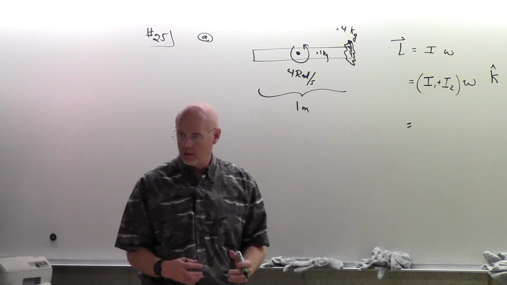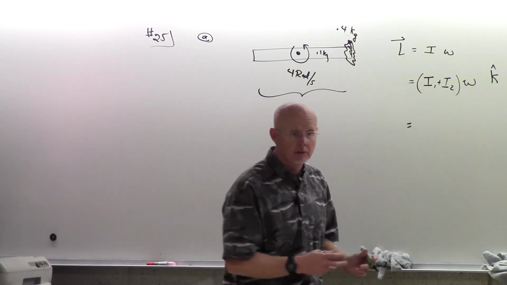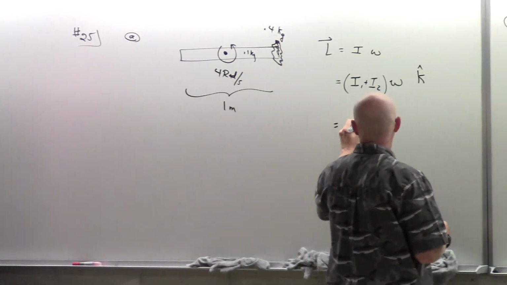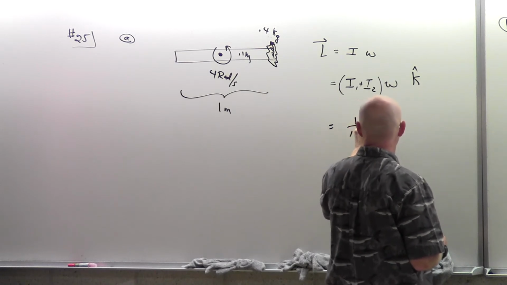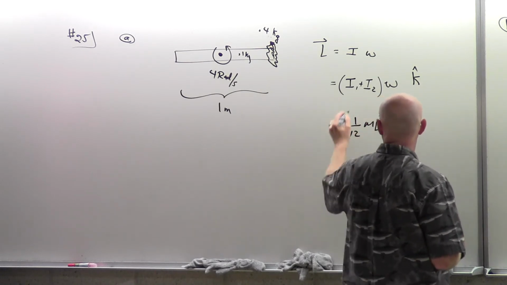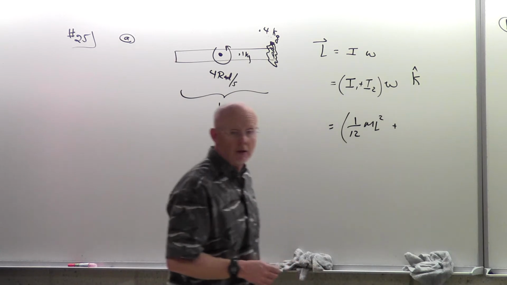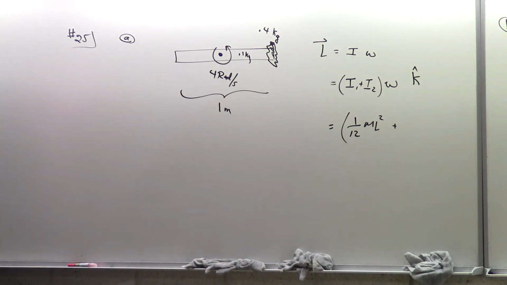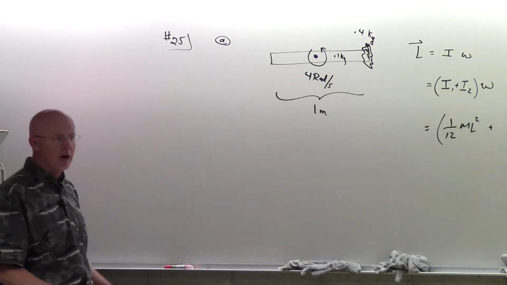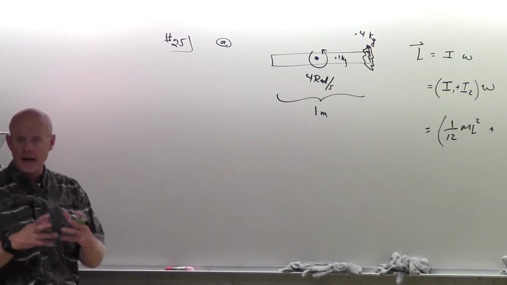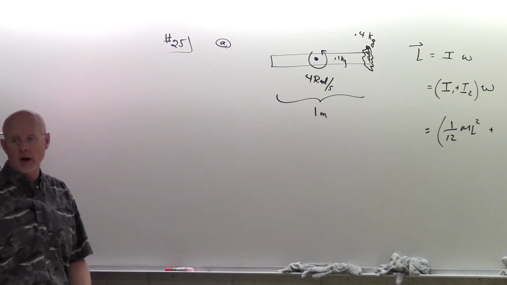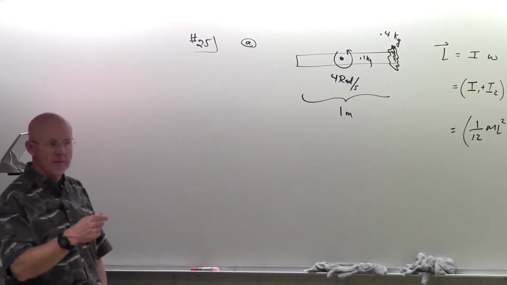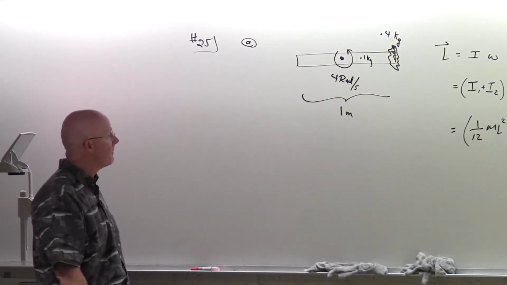You remember working that one out? Do you remember what we got? And I guess we don't have to commit it to memory. I did say that I'm going to give you that table on the front of test number 3, but it was 1/12 ml squared, where m is the mass of the rod and L is the length of the rod. So there's the equation for the moment of inertia that we did in the last chapter.